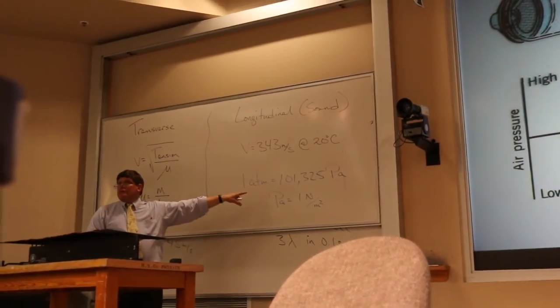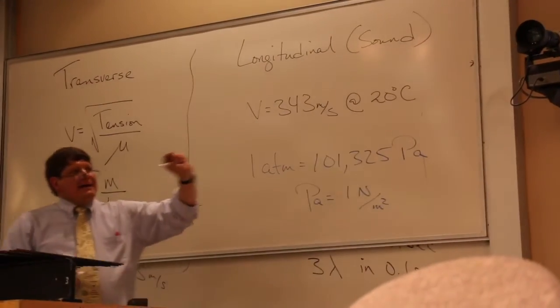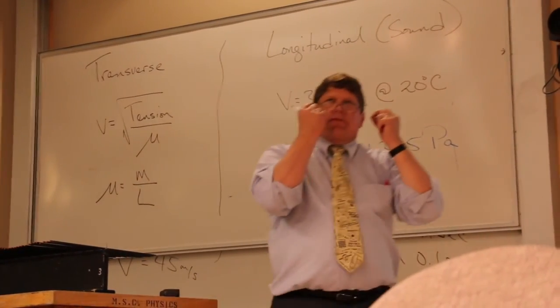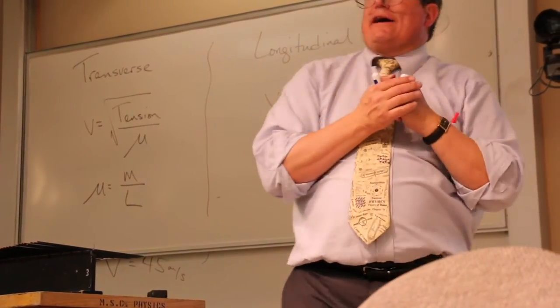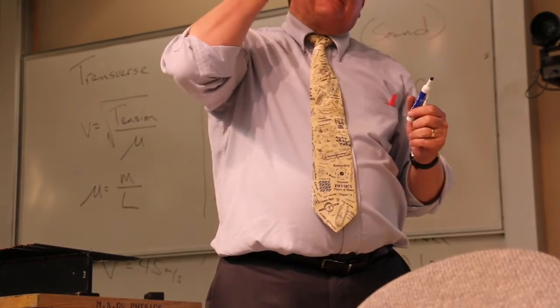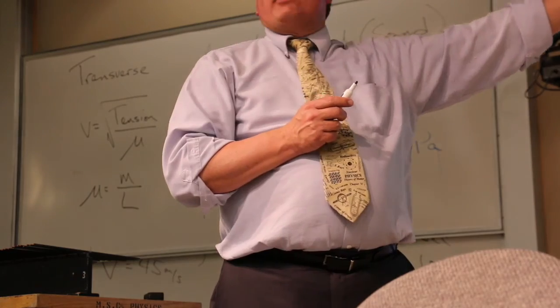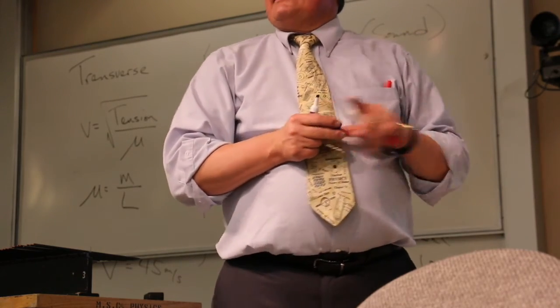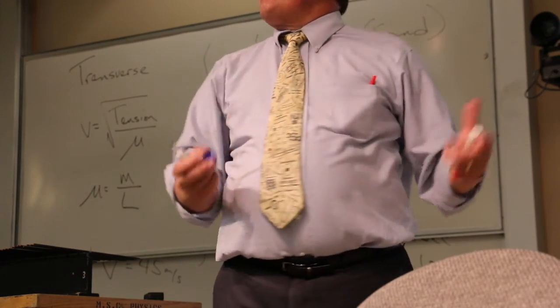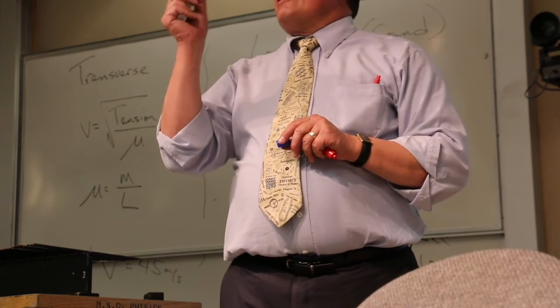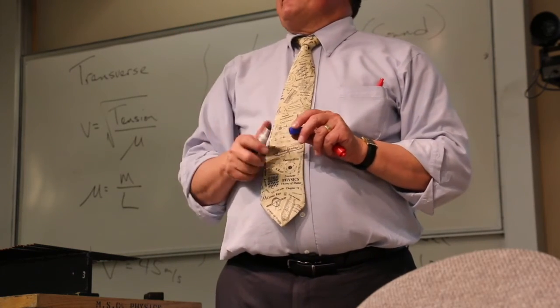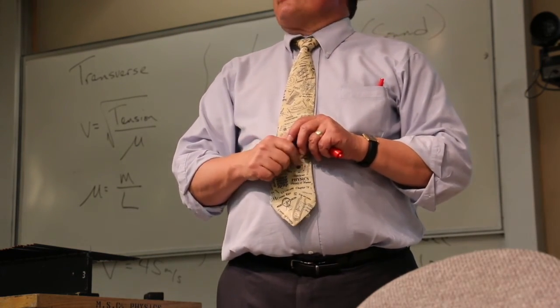That's a fairly large pressure. And yet, your eardrums, healthy ones like you have, can detect little tiny fluctuations in pressure that are only 0.03 pascals. Compared to that, that's like nothing. Your ear is a very, very, very impressive instrument.